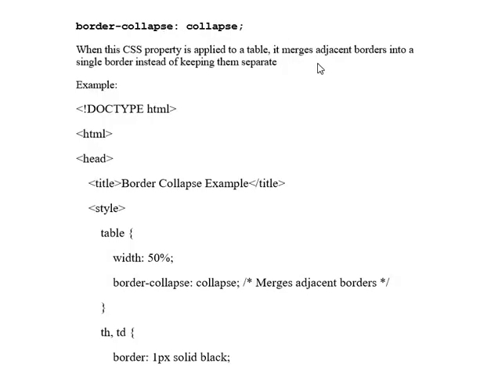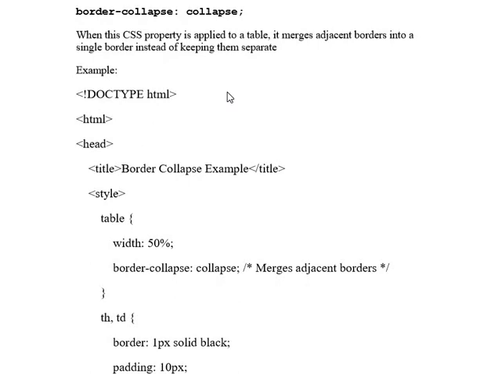So if it is required to merge the adjacent borders of the cells into a single border, then you can use this CSS property. Let us see in the example how to use this CSS property to merge the adjacent borders into a single border.